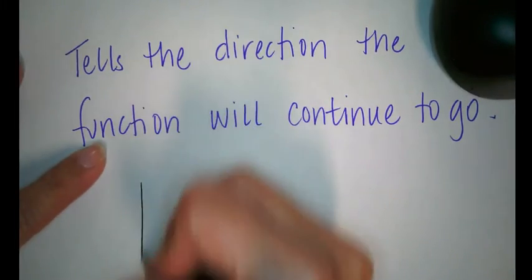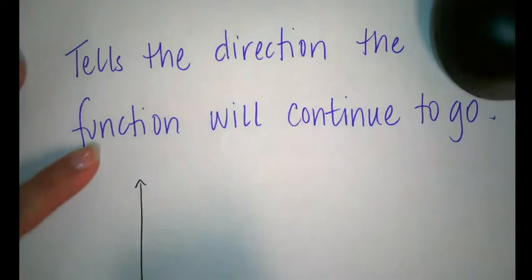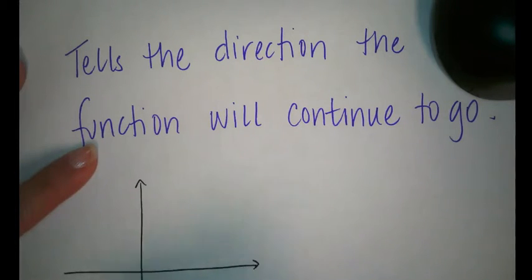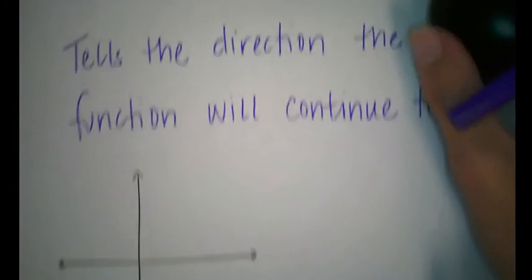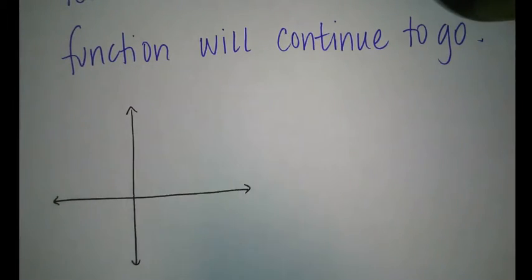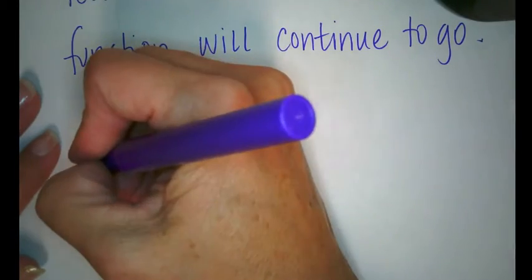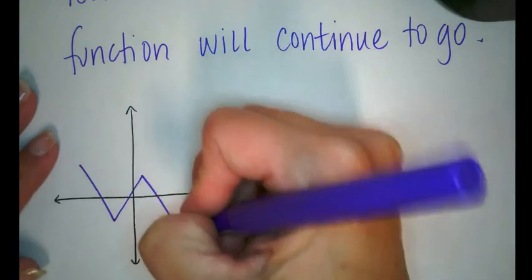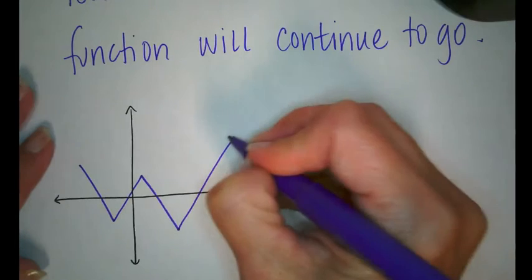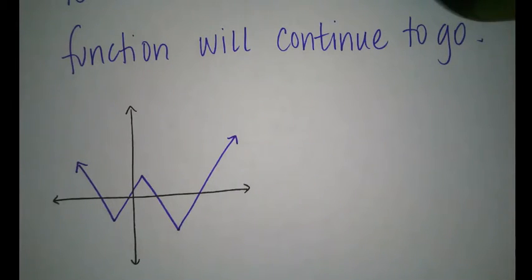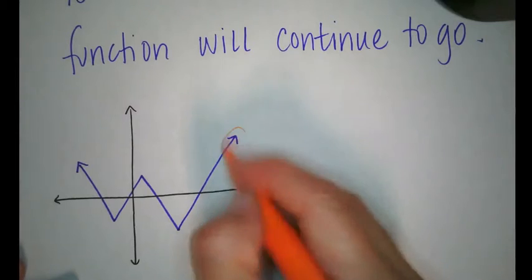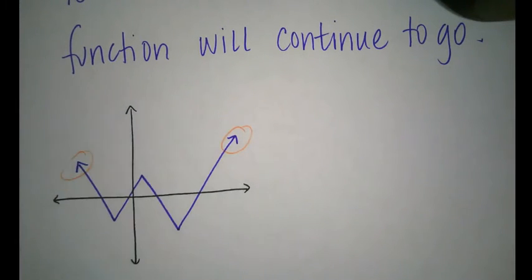But if we were to look at a graph like this, I'm just going to draw a little bit of a zigzag, like that, and like that. So what we're going to do is look at the ends of the graph. By the ends of the graph, we're talking out here and out here.